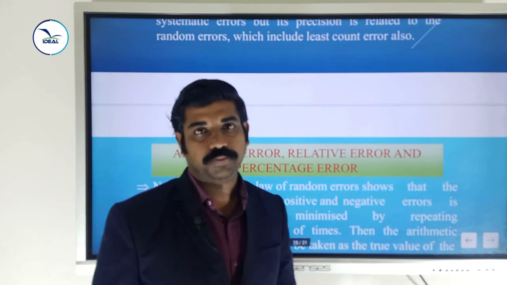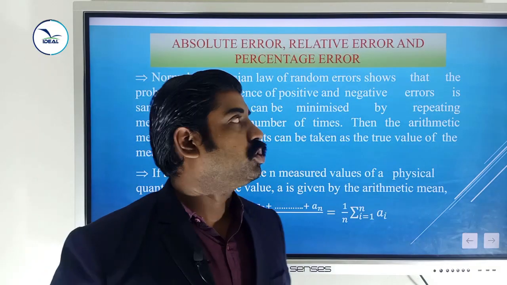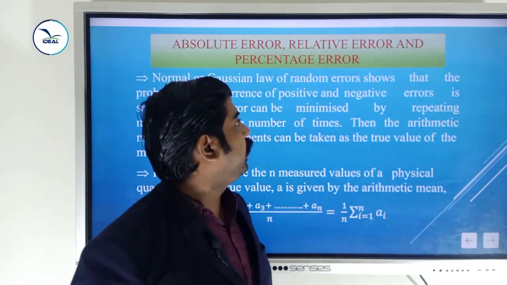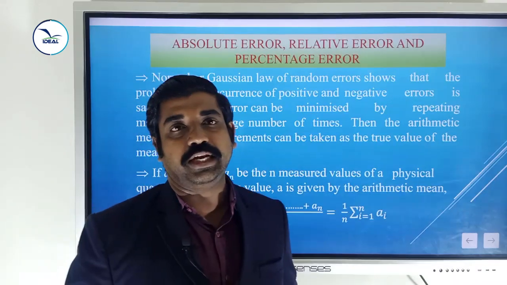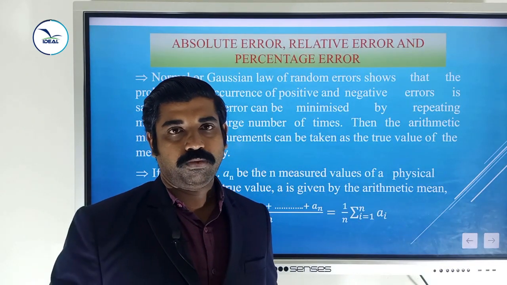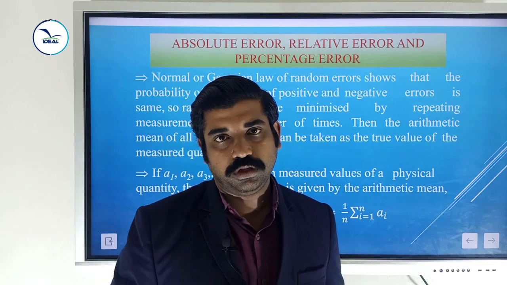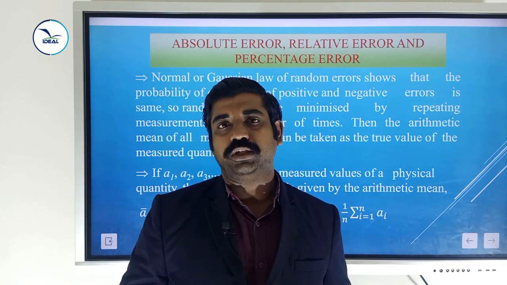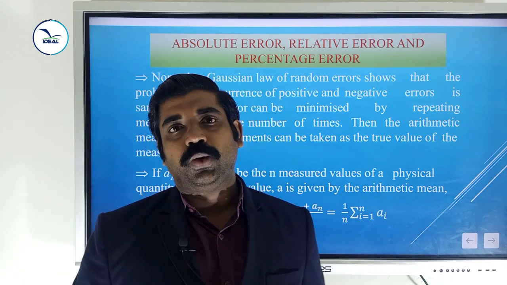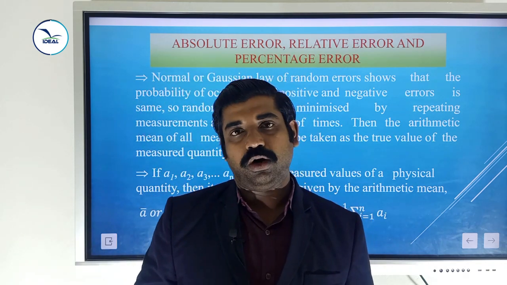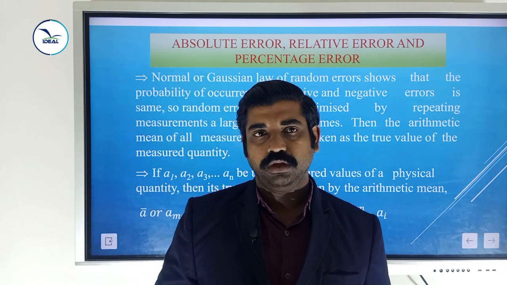Okay, it's clear, I think. Our next topic: absolute error, relative error and percentage error. This is another classification of our errors. Before going to this, we want to know the mean value of our measurements.